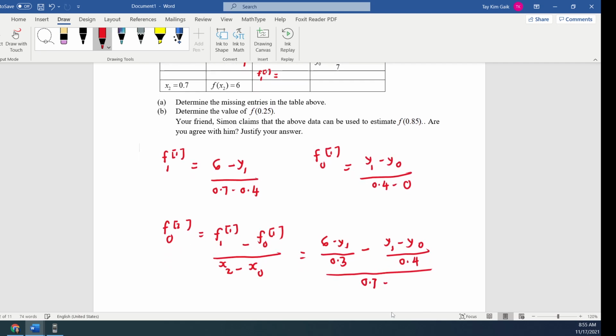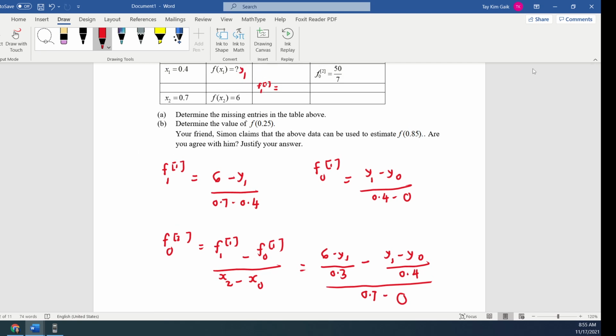Simplify it, because given f02 is equal to 50 over 7, we have two unknowns.